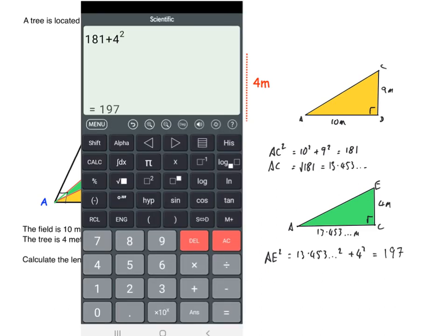Now, an alternative way of typing all of this in is to actually use this previous step. We know 13.453 squared, well, it's going to undo this step. It's going to take us back to 181. So we could just write this as 181 plus 4 squared, and it'll still give us 197.